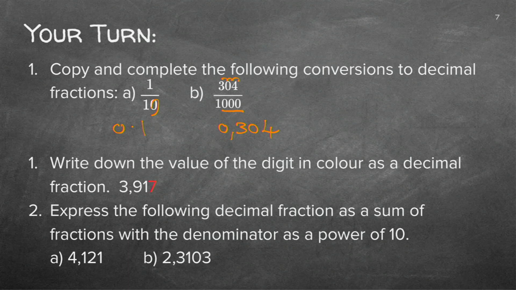So that one is 10, 100, 1,000. Yes, so it's going to be 7 over 1,000. And if we have to write 7 over 1,000 as a decimal fraction, it's going to be 0,007. Well done if you've got that correct.